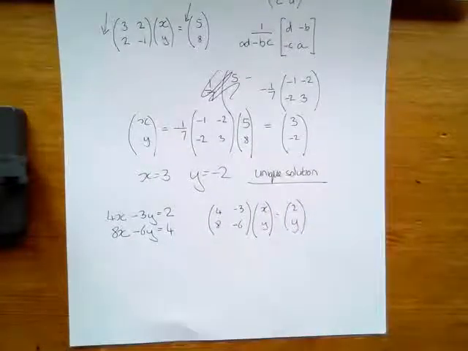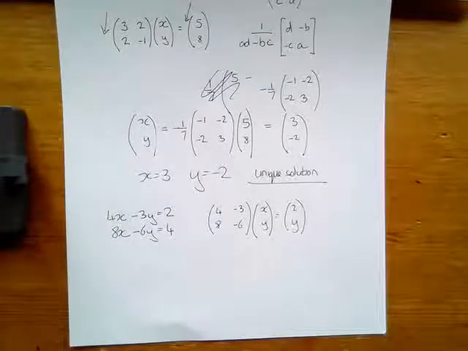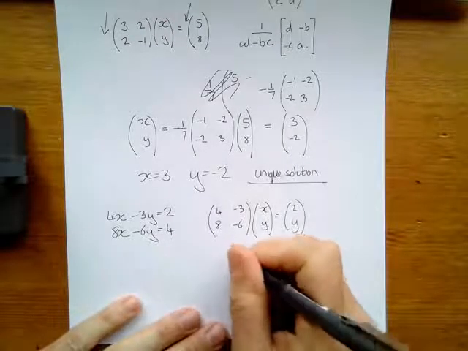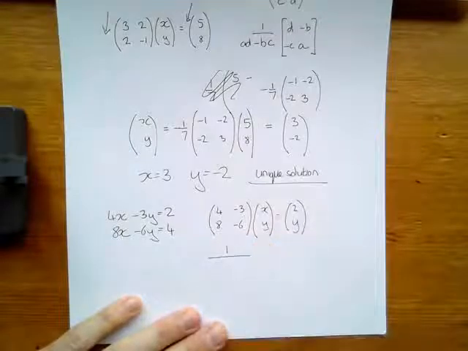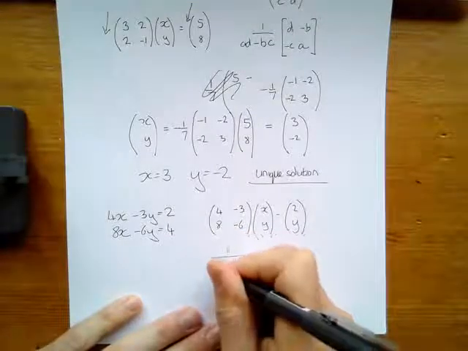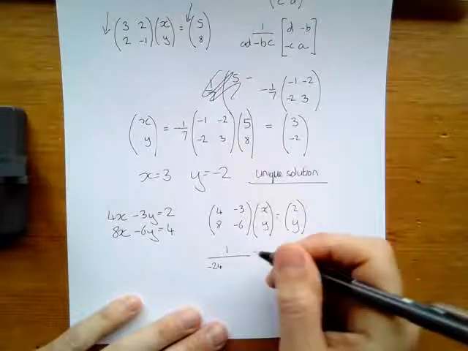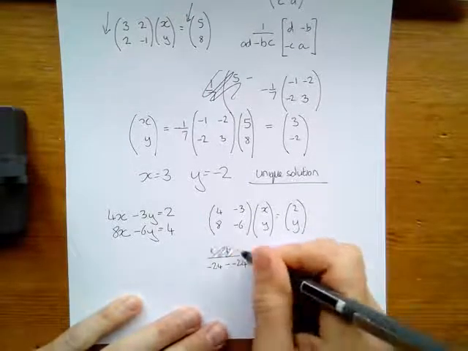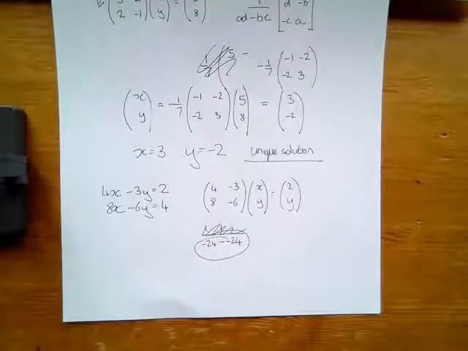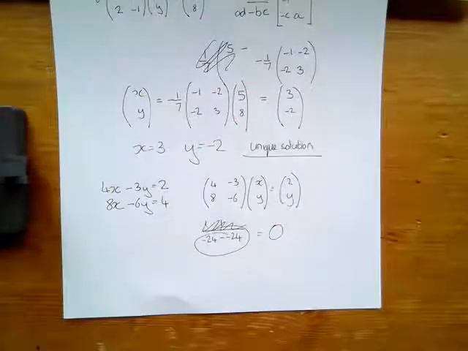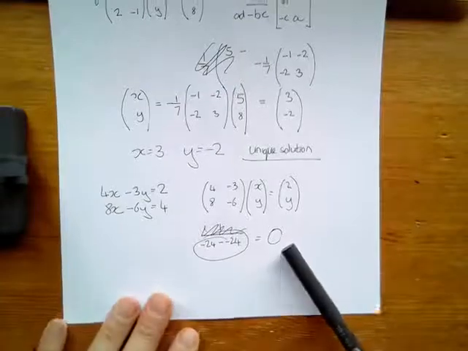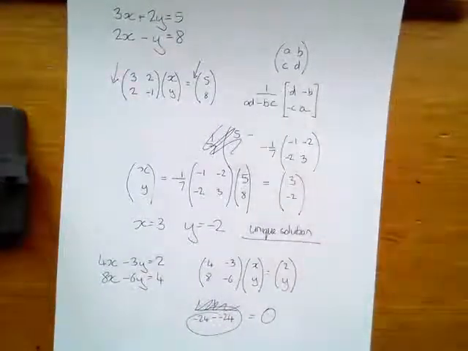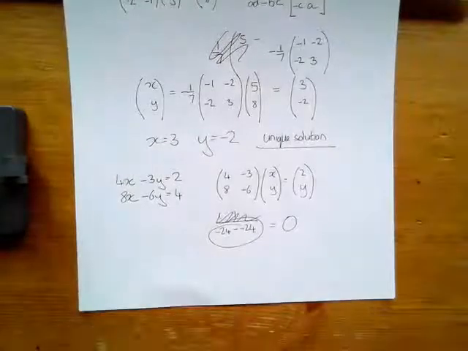Then when you go to calculate the determinant, you get 1 over AD minus BC, so minus 24 minus minus 24, which is equal to 0. Because it's equal to 0, you can't apply this because 1 over 0 isn't possible. So it all goes wrong.